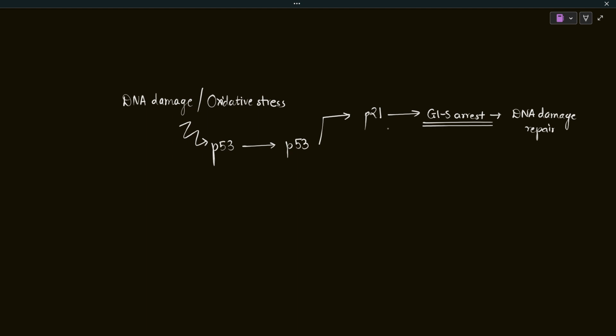The cell gains back its normal function. Or p53 can lead to the activation of the Bax gene or Puma, which leads to mitochondria-mediated apoptosis, the programmed cell death. Cytochrome c is a mitochondrial protein. Because the cell cannot repair its DNA damage, it is better to kill that cell.